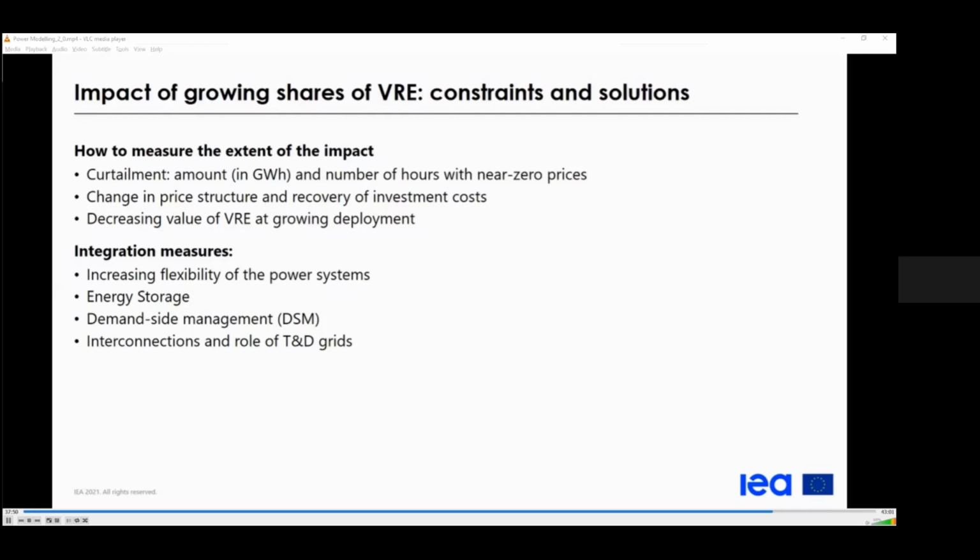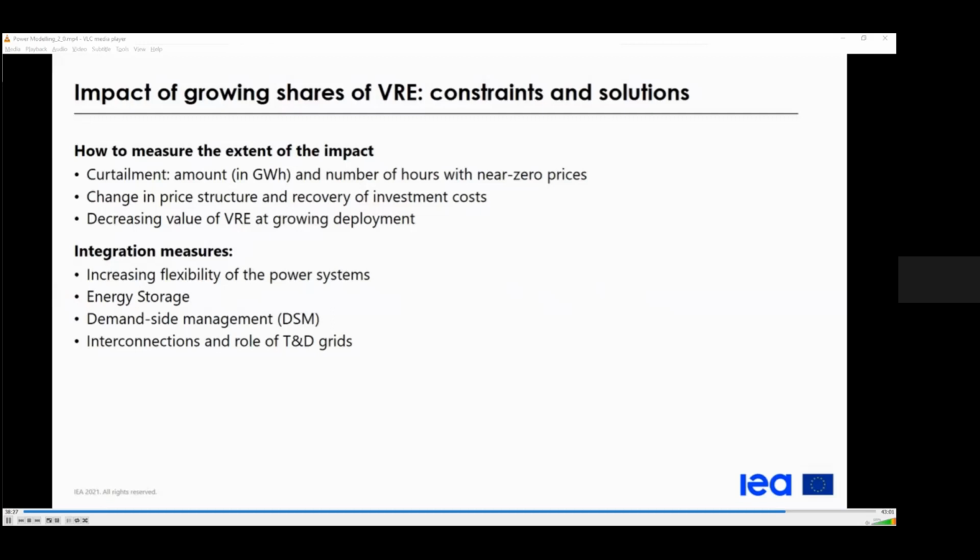And the good news is that we have several integration measures that are available to policymakers, to policy planners, and for markets. We can summarize this in increasing the flexibility of the power system, energy storage, demand-side management, as well as interconnection between demand areas, between countries, between regions, and the role that network transmission and distribution grids would play.